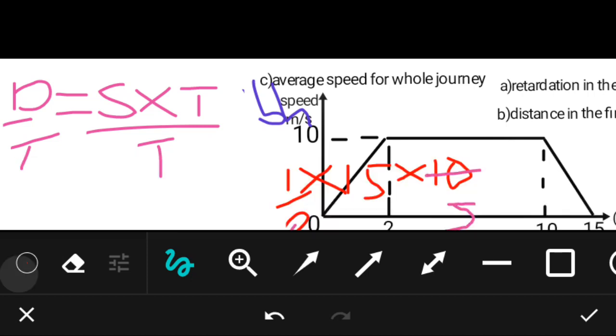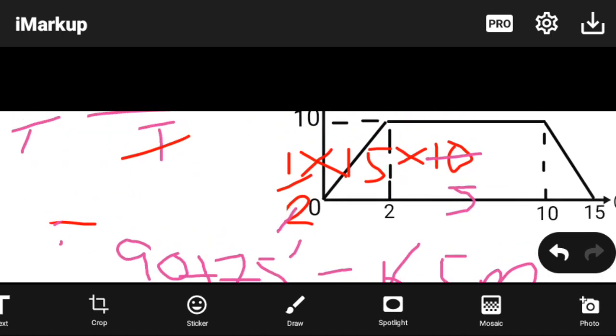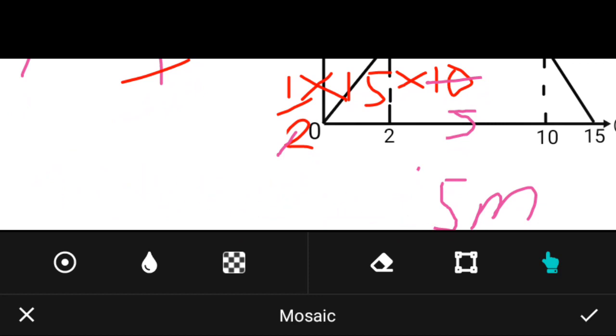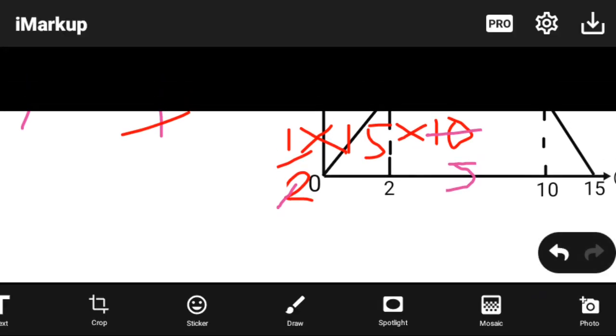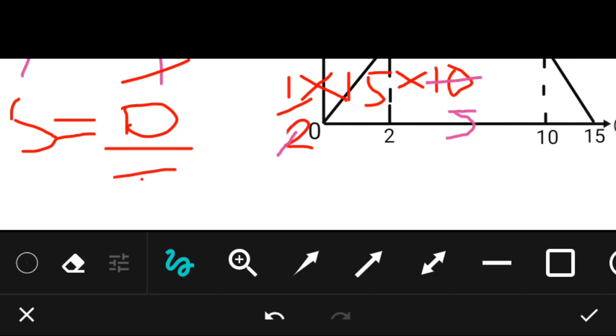Then the time there will cancel. Then what are you going to have? Allow me again to just get rid of this. Then when the time cancels there, you're going to have speed is equal to distance over time. That is the formula there.